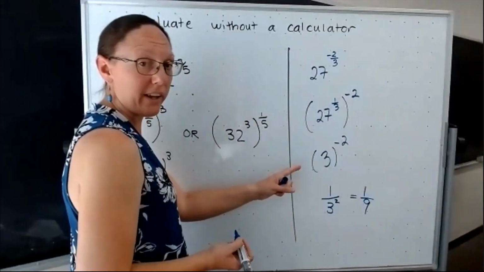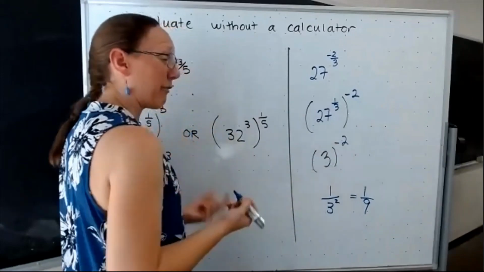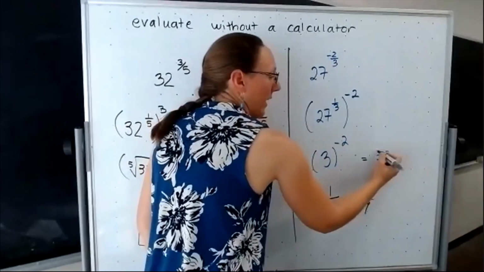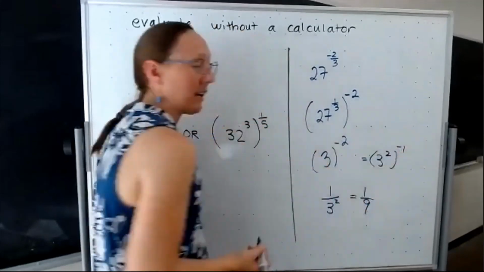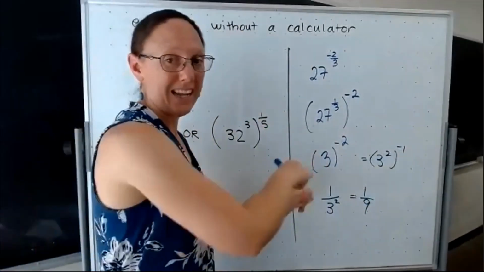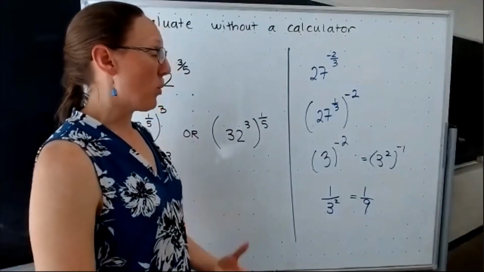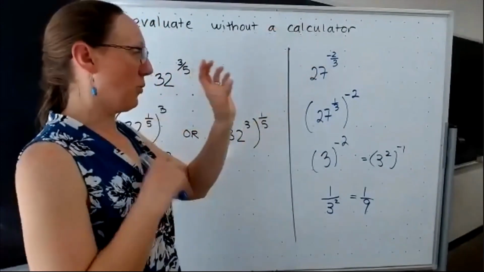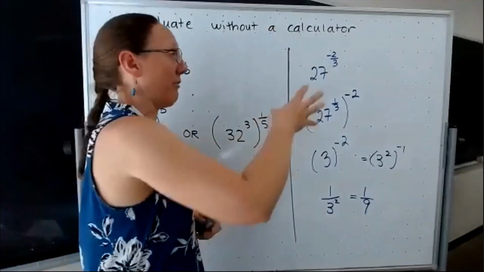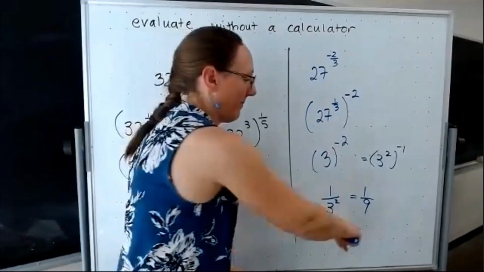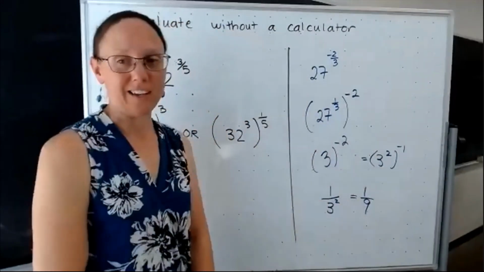You could also here deal with the squared part first and say this is equivalent to 3 squared raised to the negative 1 power. Either route is fine. What is important is being able to somehow walk yourself from 27 raised to the negative 2/3 to evaluating that as 1/9.